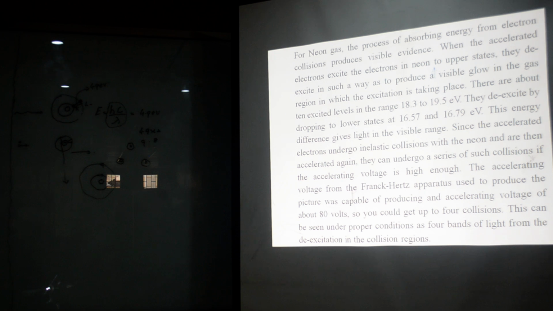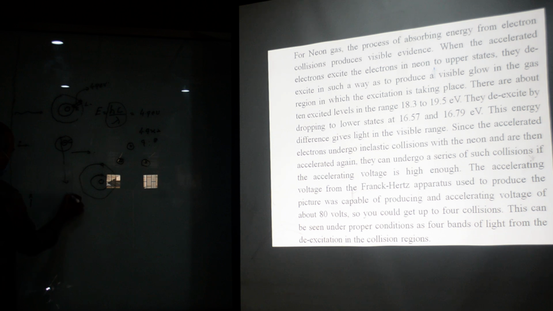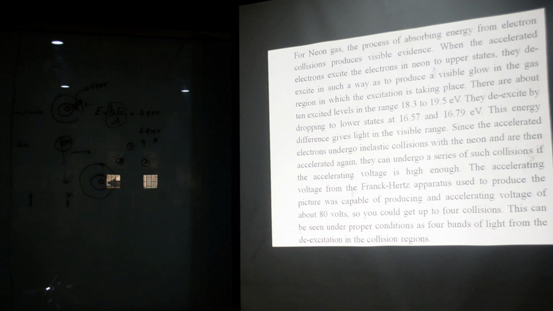When I say light in the visible range, I mean the colors of the light will be between red and violet, and color means the frequency. So I will say that the lowest value of energy will be for the red color, and the highest value of energy will be for the violet color.